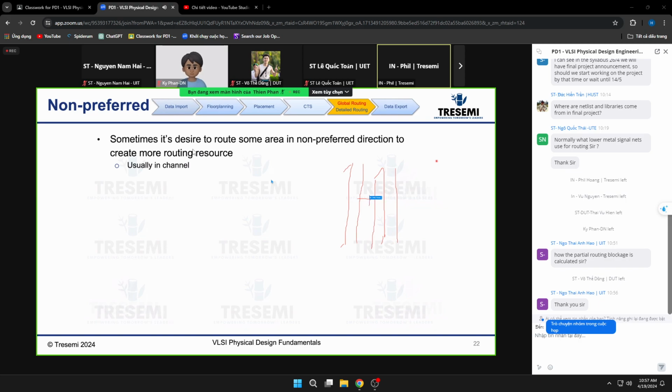So if the distance between these two wires is smaller, then what happens to this cap? Does this cap become bigger or smaller? Please type in. Yeah, bigger, right?